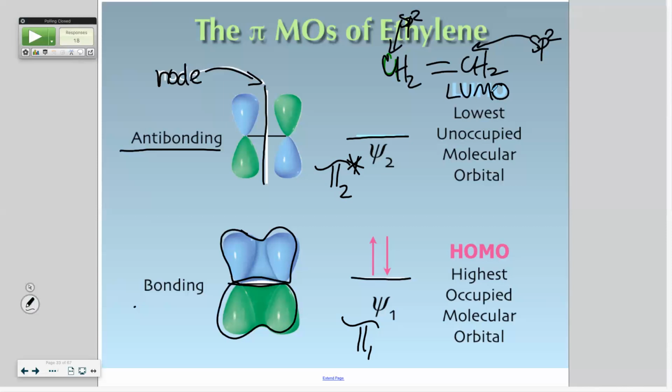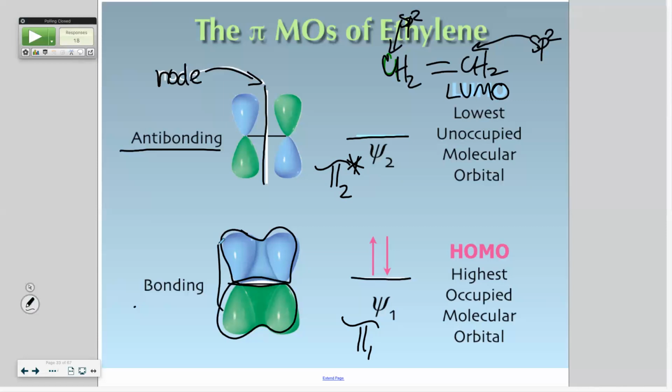We only have one with electrons in it, so that's obviously the one. The other one is the lowest unoccupied molecular orbital, lowest in energy, unoccupied. The more nodes you have, the higher you are in energy. The more bonding interactions you have, the lower you are in energy.